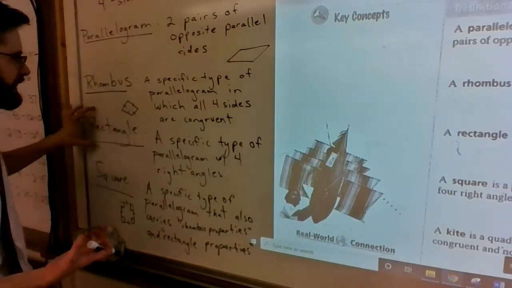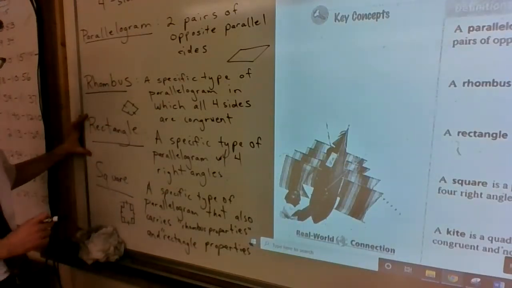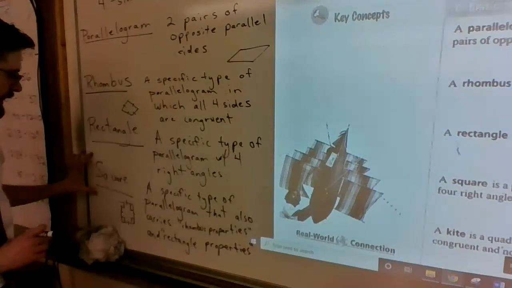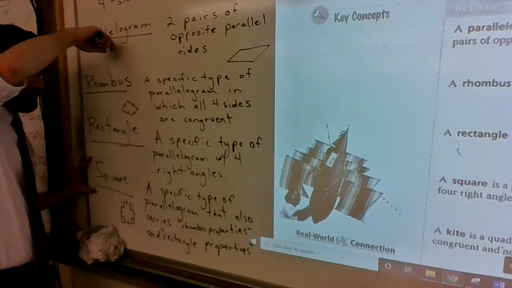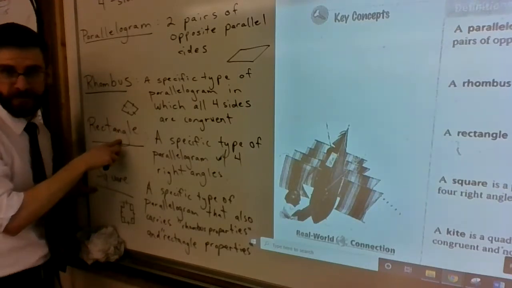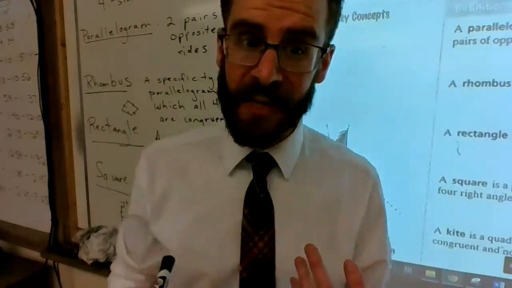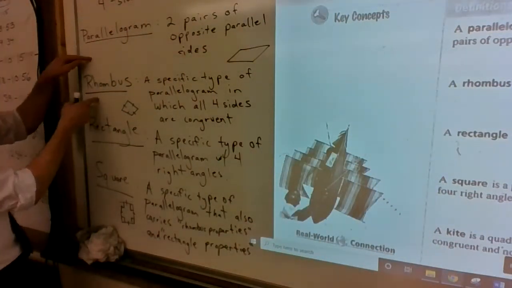A rectangle is also a specific type of football player, but it's different from a rhombus, maybe a receiver of some kind. But the square is not only a football player, but a linebacker who also happens to be a receiver. Okay, maybe my football metaphor breaks down right there, but you get the idea. The square can also be written as a rectangle, rhombus, or parallelogram.